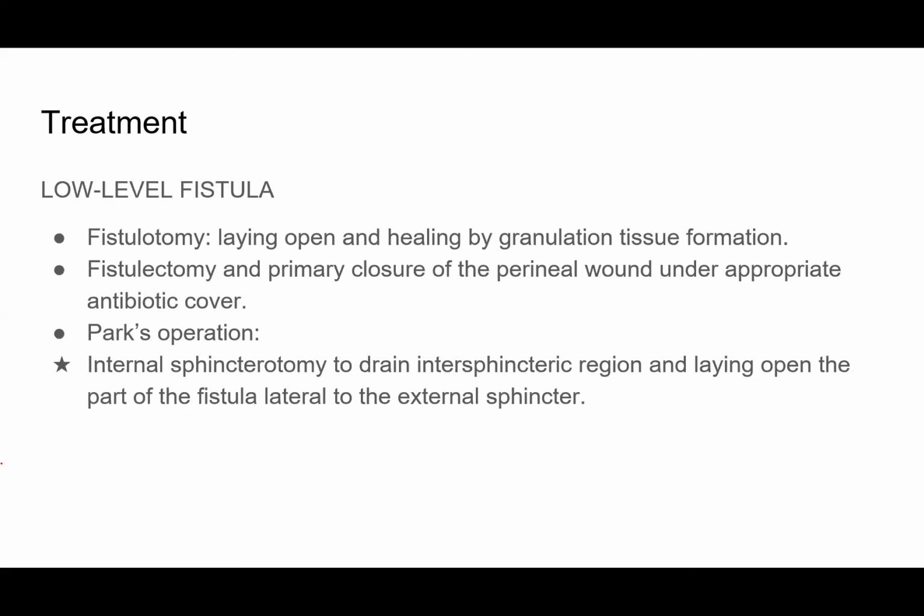This is done in situations where the fistulous tract is not related to the sphincter, there's little infection with the fistula, and there's no risk of breakdown of our repair. There's also the Parks operation, wherein an internal sphincterectomy is done to drain the intersphincteric region, and then the fistula is laid open external, lateral to the external sphincter.